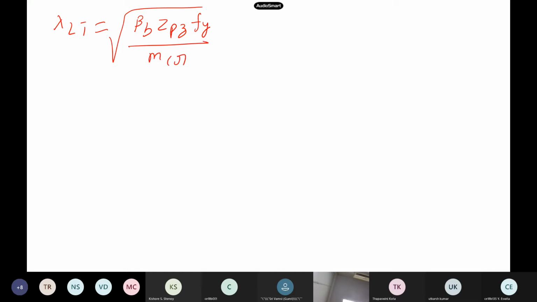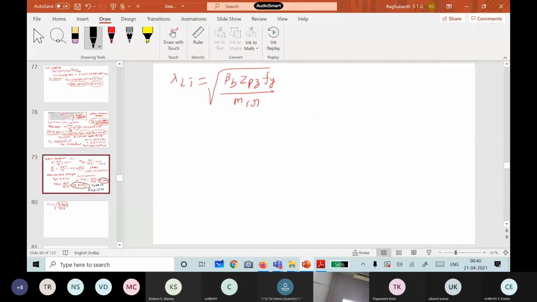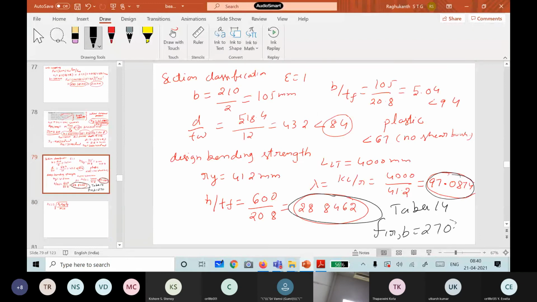You have to find out this lambda LT, the non-dimensional slenderness ratio, which is given by the square root of beta b ZP Fy by MCR. Okay, so this also is required, but not required from the formulas. So we can directly go also, without even calculating. We will come back to that also. So now your FCRB is approximately 270 to 280.